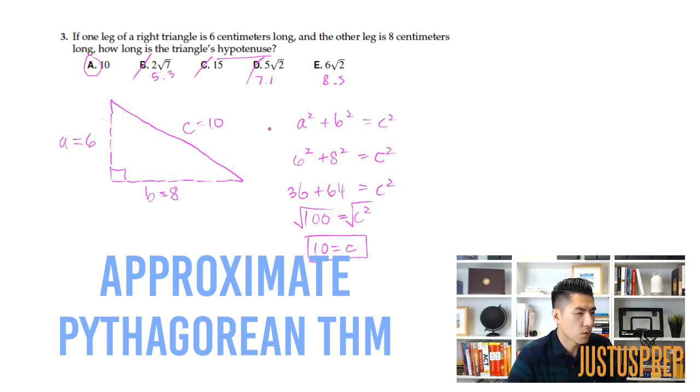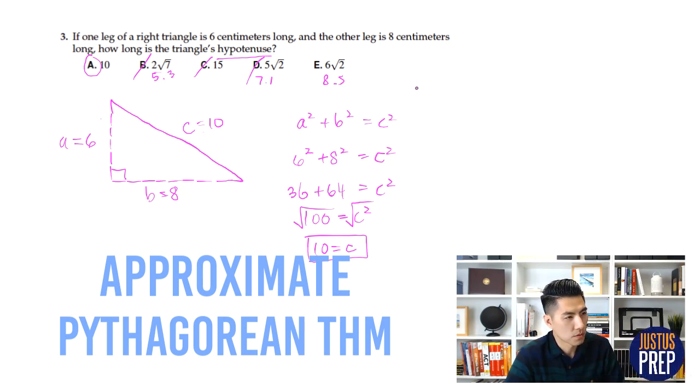Now, what I would recommend that you do is memorize what are called Pythagorean triples. There are a couple of triples here, 3, 4, 5, probably being the most popular. But if you just multiply each of these by 2, you get 6, 8, 10. So these triples you should just know. You should have these memorized.